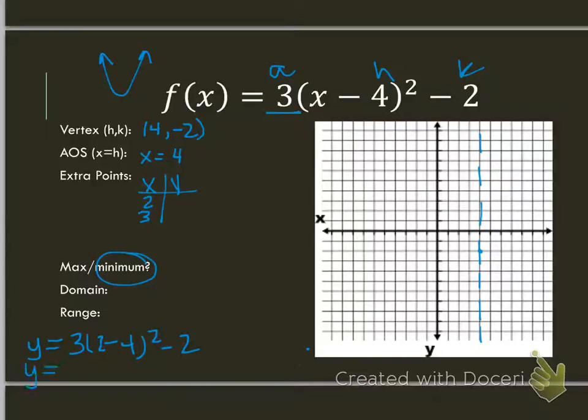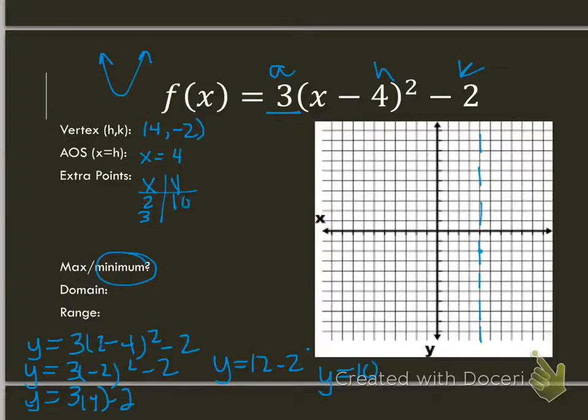We work the inside of the parentheses first, so 2 minus 4 is -2. In the order of operations, we always square first. So y equals 3, or -2 squared, which is 4. Then we multiply, so 3 times 4 is 12. 12 minus 2 is 10.